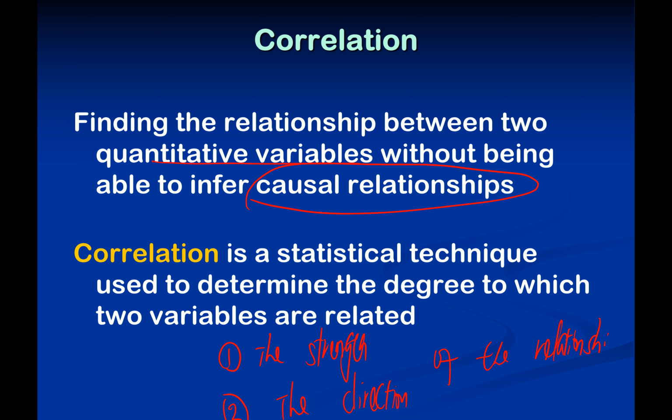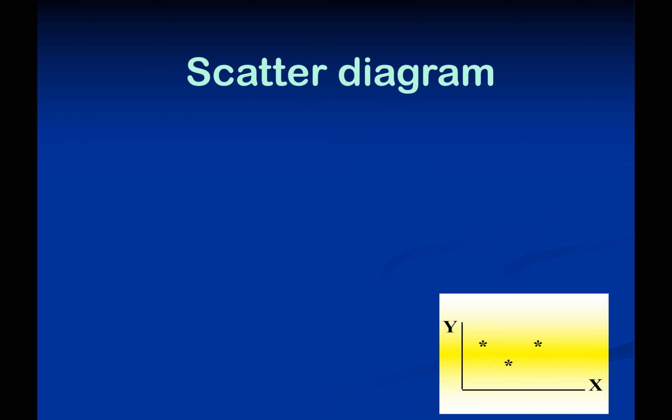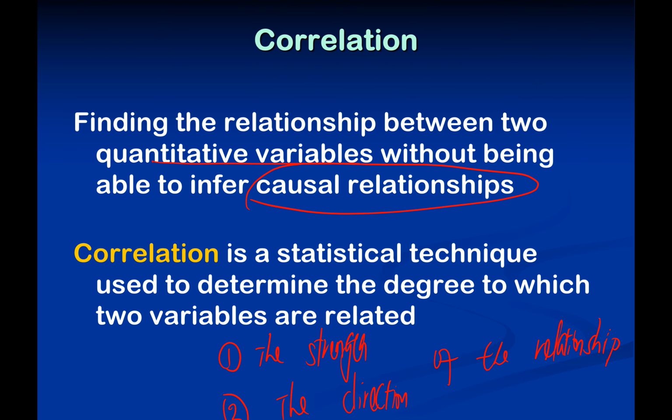So we start with two variables, one of them called the independent variable, the other one called the dependent variable.